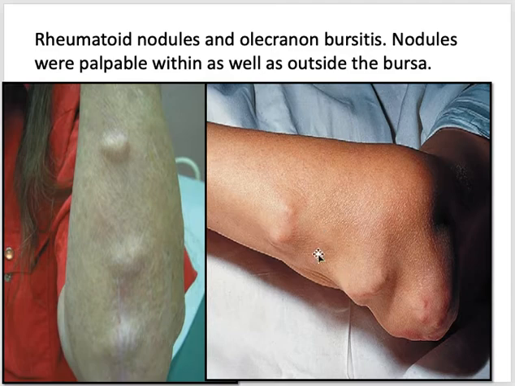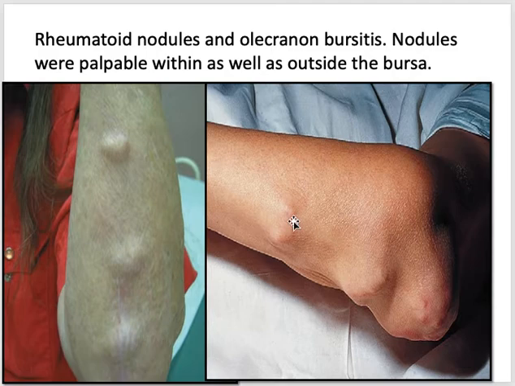They occur mostly in seropositive patients, and they usually occur at the sites of pressure or friction. See, this one is on the extensor surface of the arm or forearm, right?